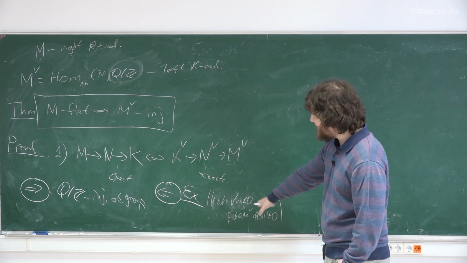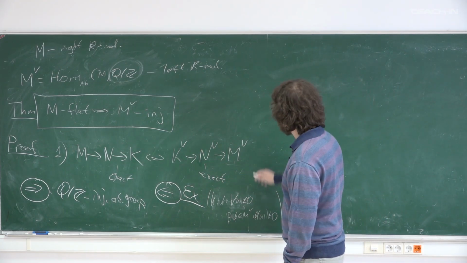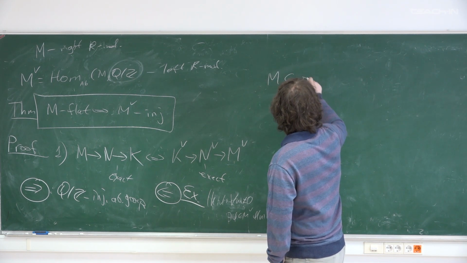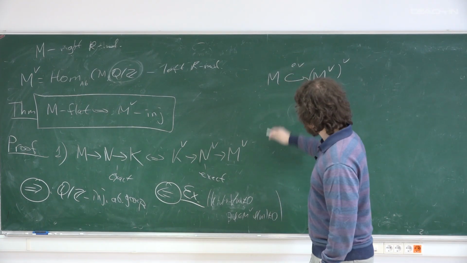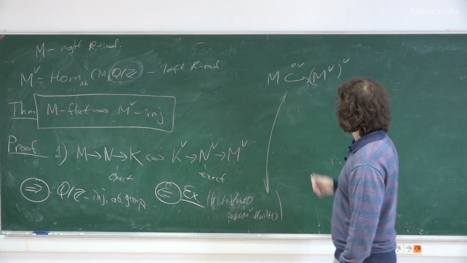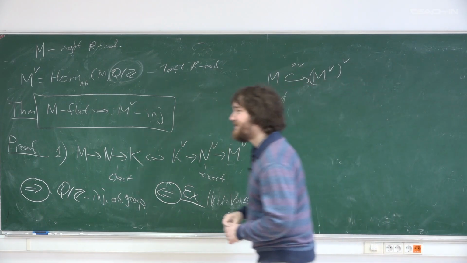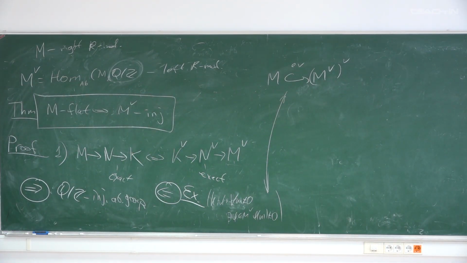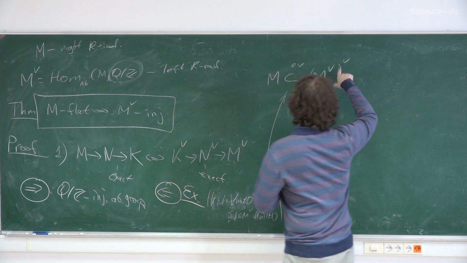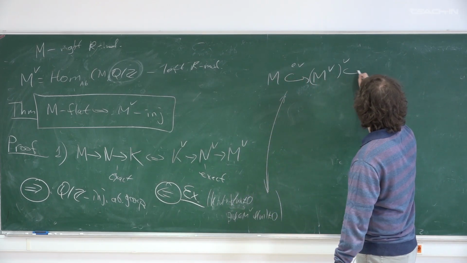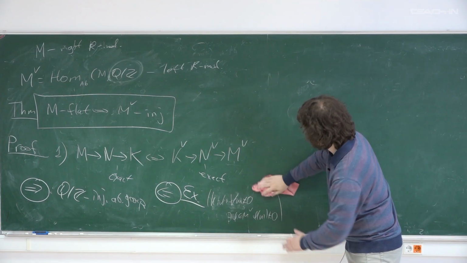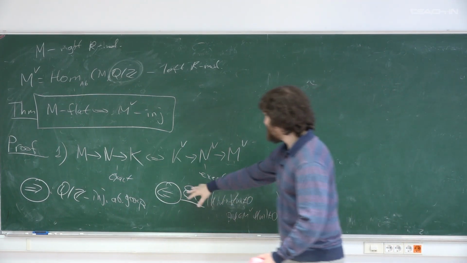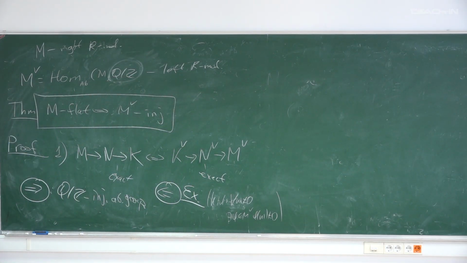You can check this and then use this. We already used this when we considered double check and this evaluation, and this is an inclusion. This is equivalent to saying that for any element there exists some phi that is not 0. And we used this to construct injective resolutions, where M injects to some injective. We have already checked this, in fact, and use this for this direction. From this, it's already very easy.